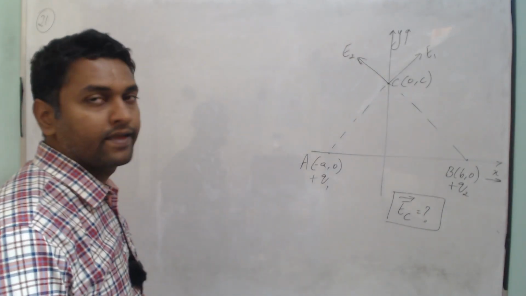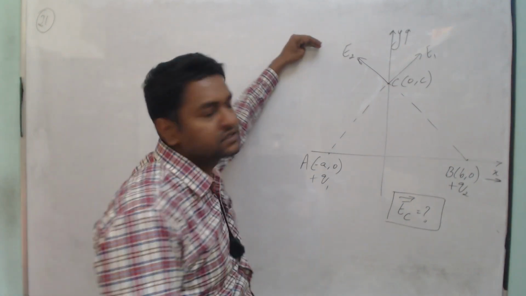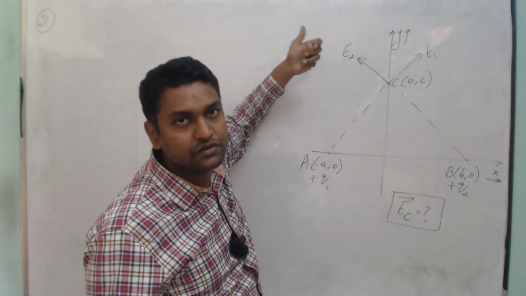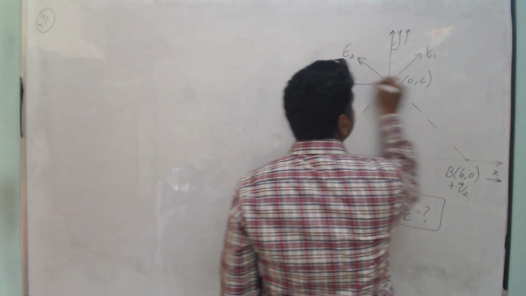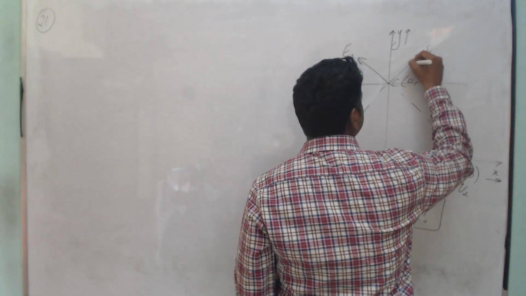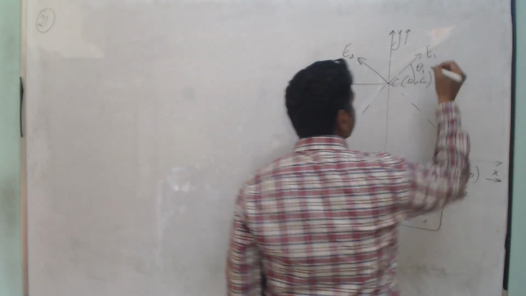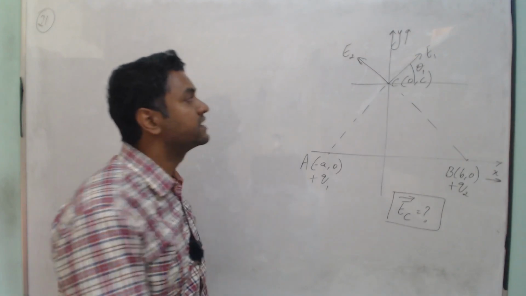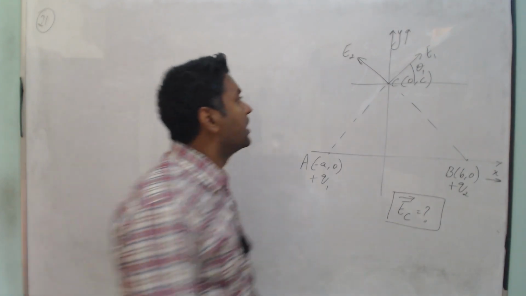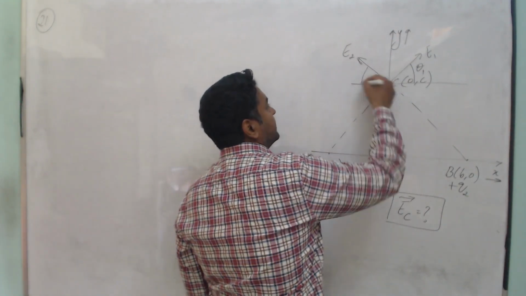Till here we are doing it the same way that we did the previous question. Now let this angle be theta 1, the angle E1 makes with the x-axis, and let this angle be theta 2.